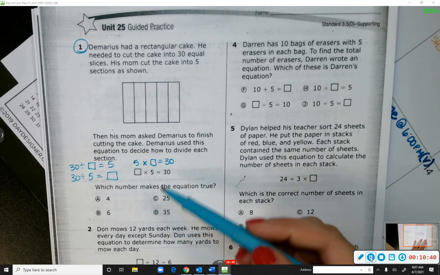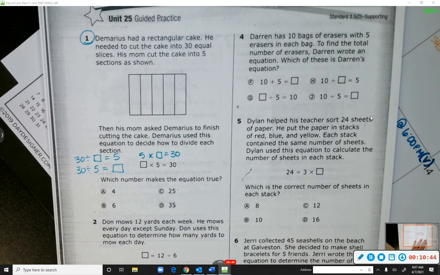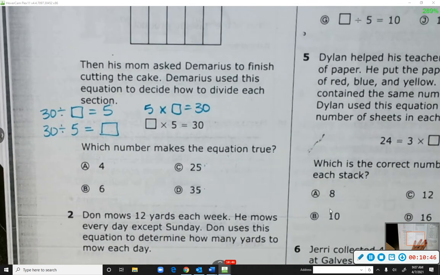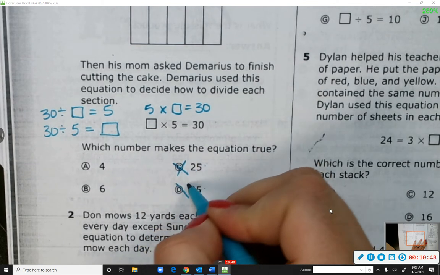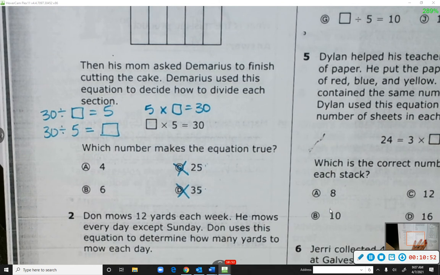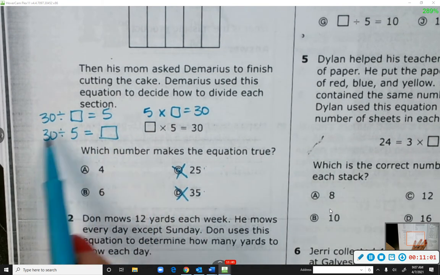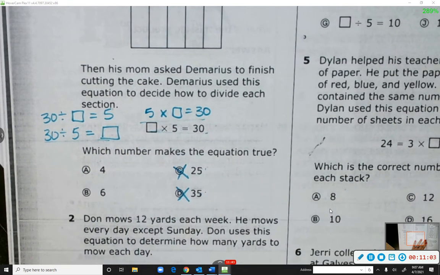Okay. Now would it make sense for one of these to be my answer? No. Okay, so I know it has to be 4 or 6. Which one of these equations in my fact family can I actually work out? Tavea? Which one of these equations can I work out? This one, this one, this one, or this one?